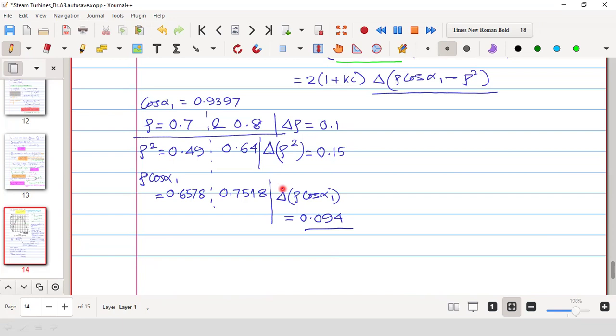So therefore this delta of rho cos alpha 1 minus rho square, what is that?